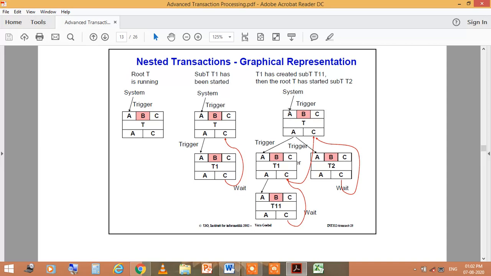If you see here, T1 has created sub T and T11, then the root T has started sub T21, okay. So if this C is wait, then go to the previous one, and same for the transaction T2.